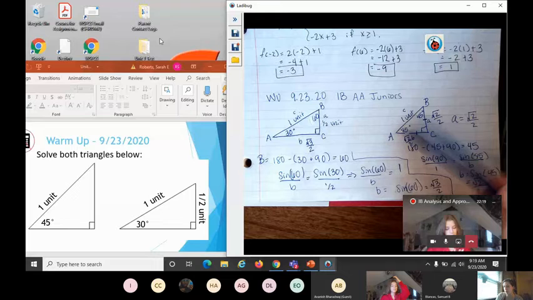Okay, so which angle is going to be my 40? This one or this one? The first or the second? The one that's starting on the south? Yeah. No. Right in here, I should have 40 degrees.